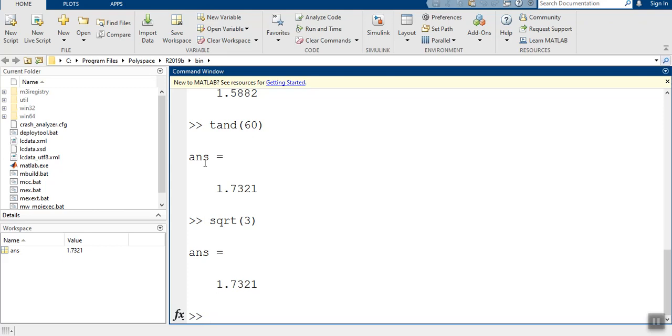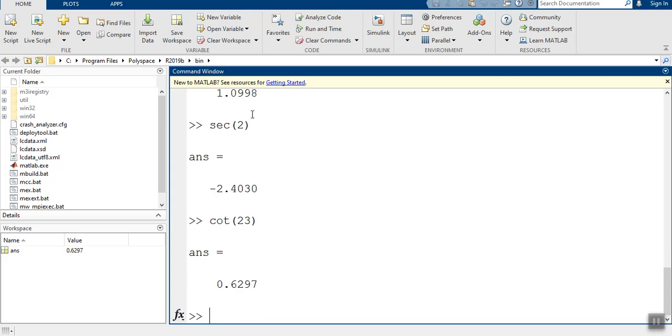So you will get 1.7321. In the similar way, cosecant of 2, so you get a value like 1 point something. Now secant of some value, you will get the corresponding value. Cot of some value, you will get the value.